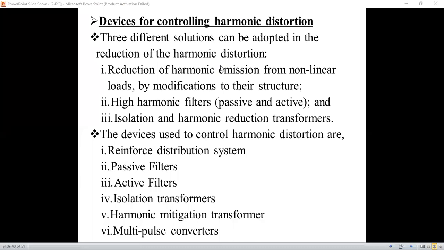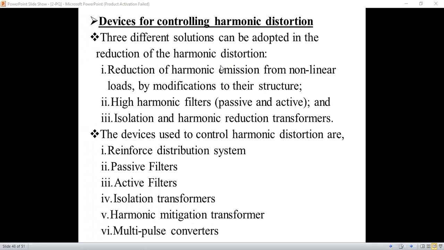So to control the harmonic distortions, mainly there are three solutions. First, we have to try to reduce the harmonic emission.